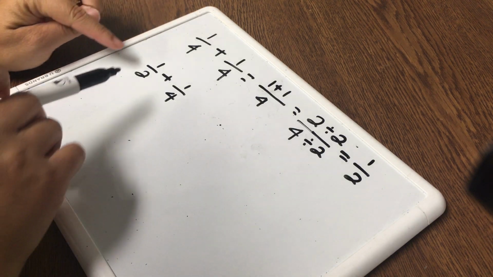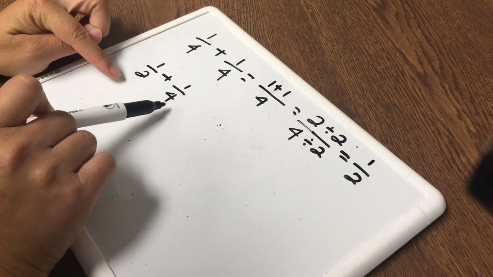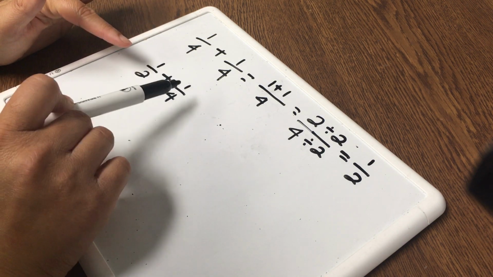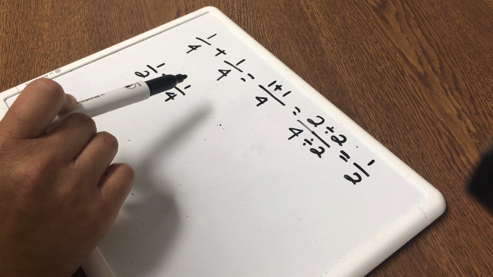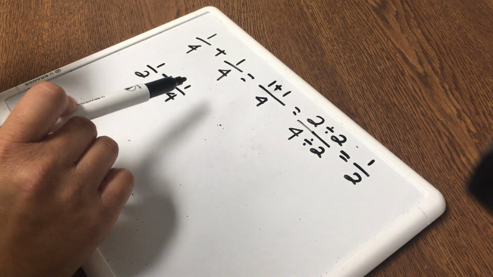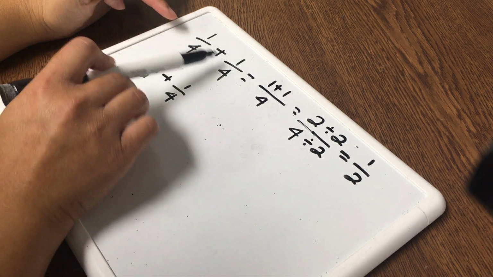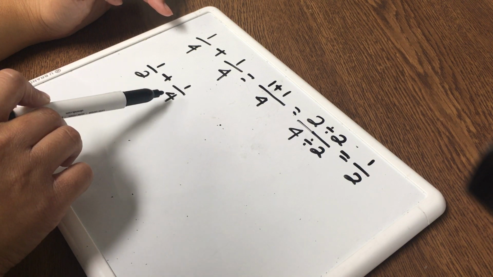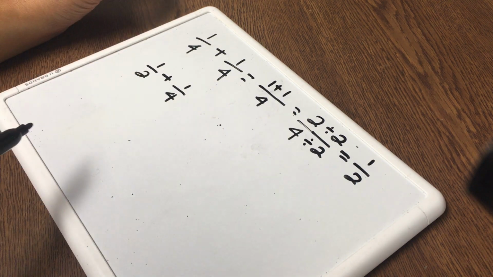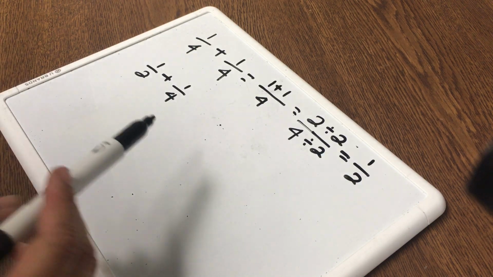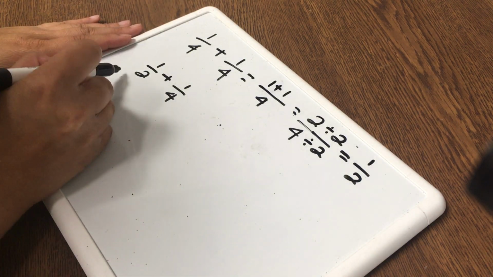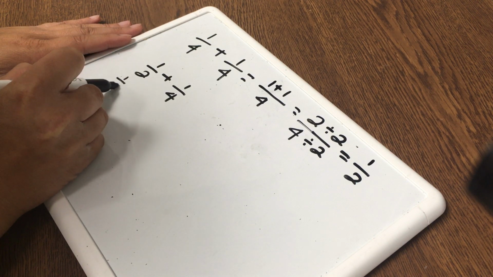Because the denominators are different, you have to change your denominators so they are like denominators, like this one up here where 4 is the same. You have to change your denominators down here to make it look like it's the same number on the denominator. So by doing this, let's do 1/2 over here.